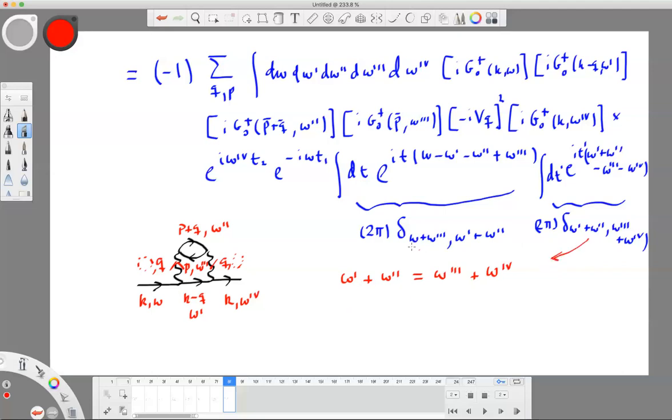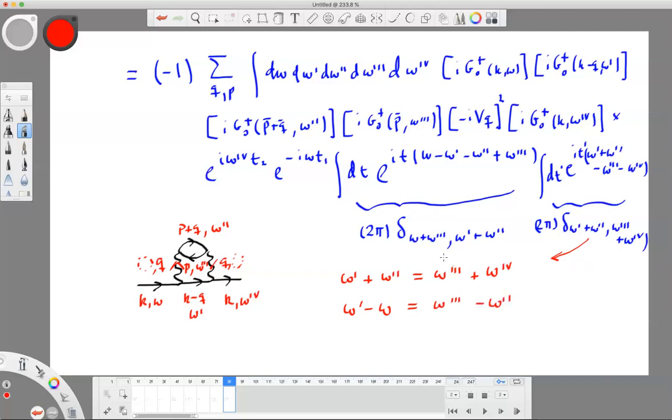And the other condition is going to be omega prime minus omega equals omega triple prime minus omega double prime.